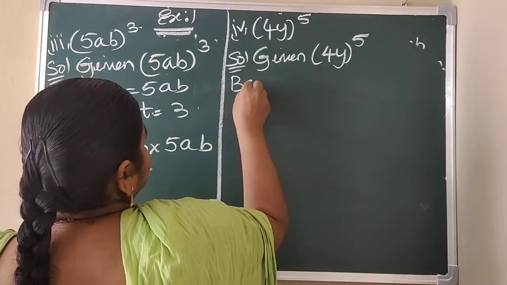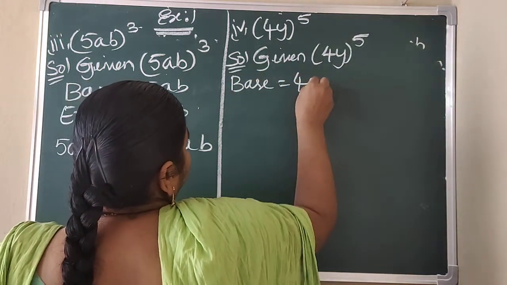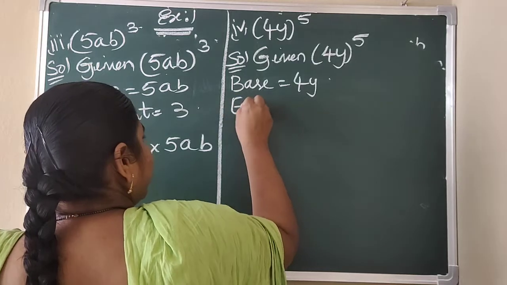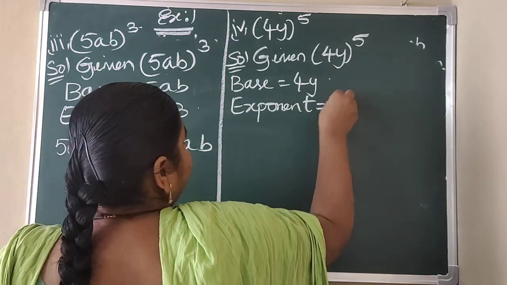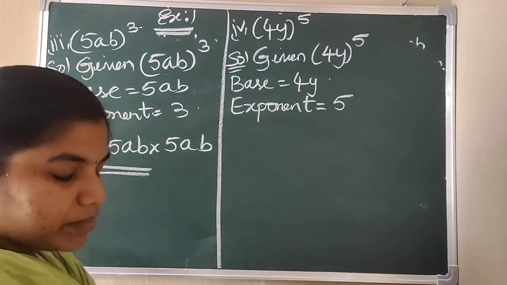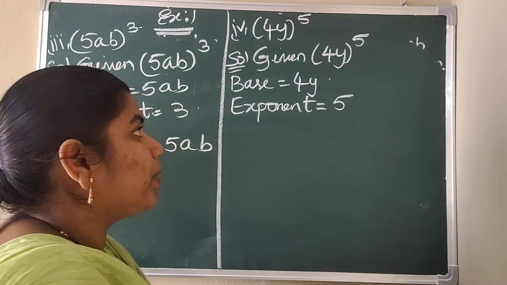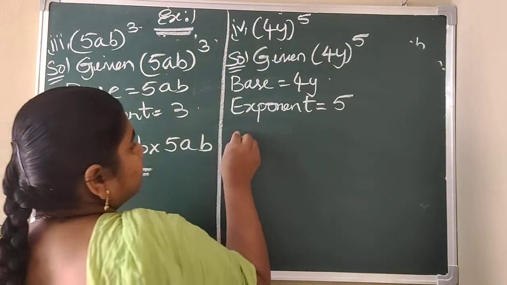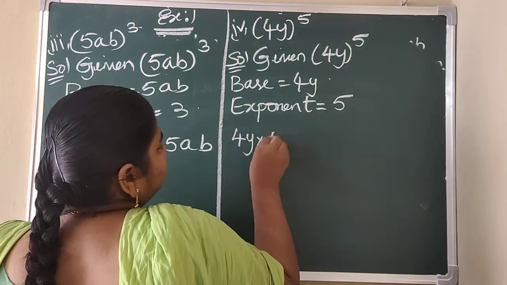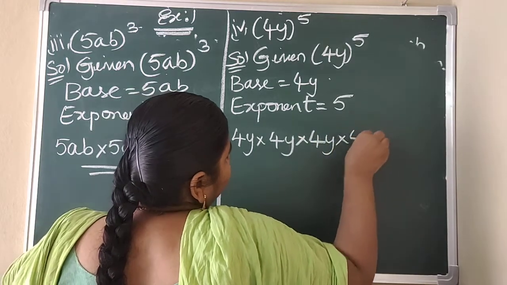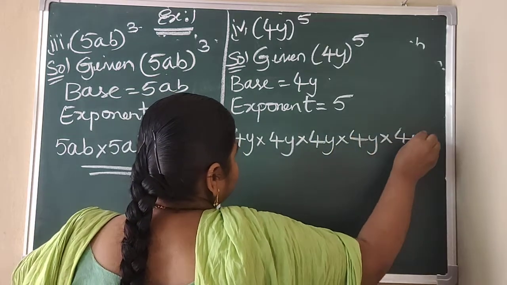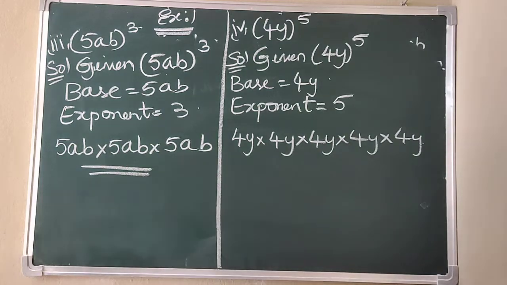So base is 4y and exponent is 5. So now 4y, how many times we have to multiply? We have to multiply this 4y 5 times. That is 4y into 4y into 4y into 4y into 4y. So this is our expanded form.